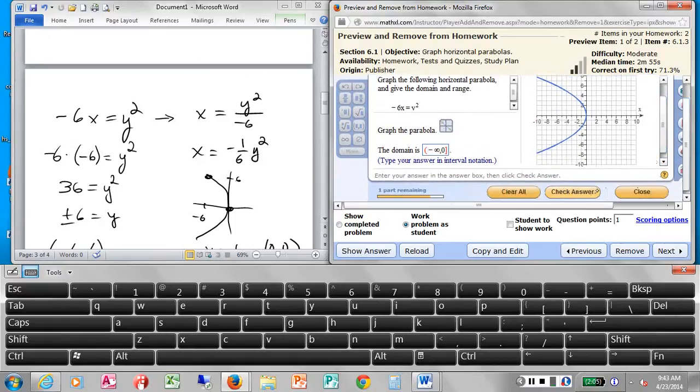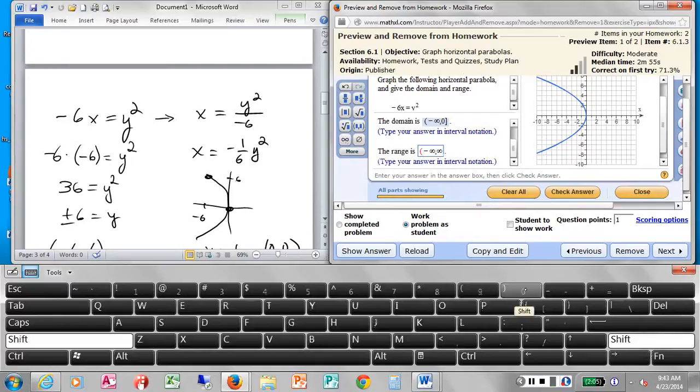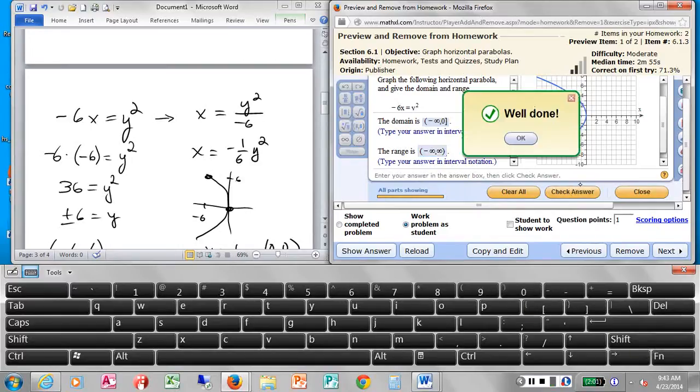Then the range, well, the y values, this keeps headed up on this side and down on this side, so the y values are going to be all real numbers, negative infinity, positive infinity, is how those sideways parabolas will turn out. So that one gets us to recall a little bit about the domain and range, which is not a bad thing to do. All right.